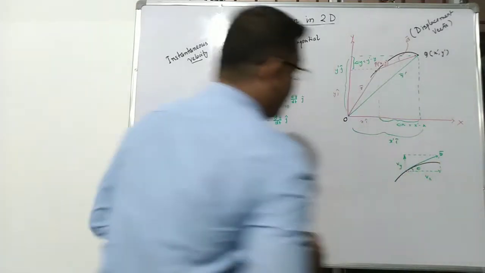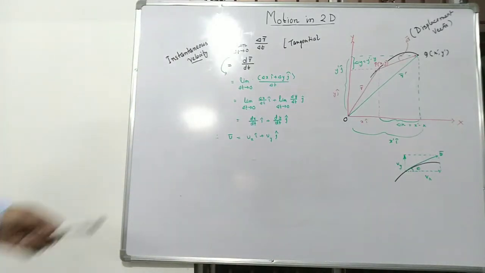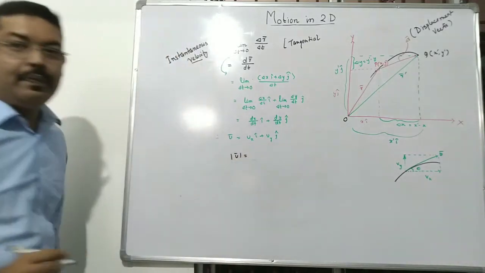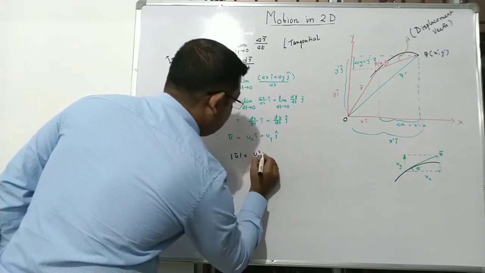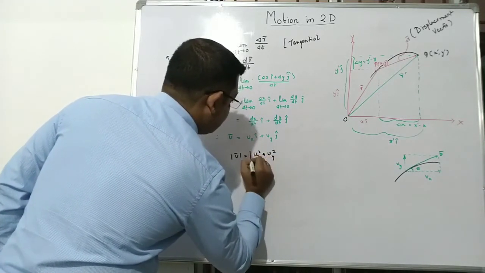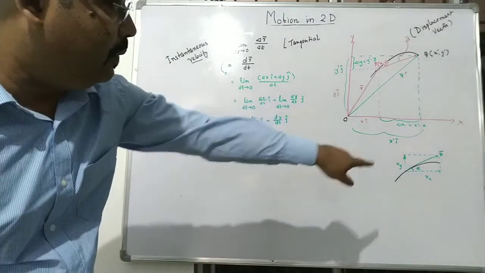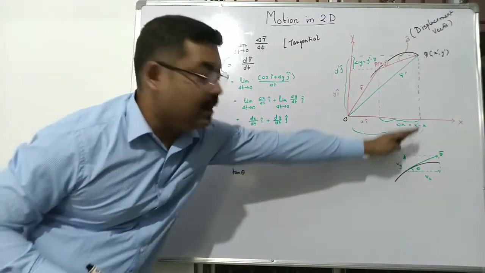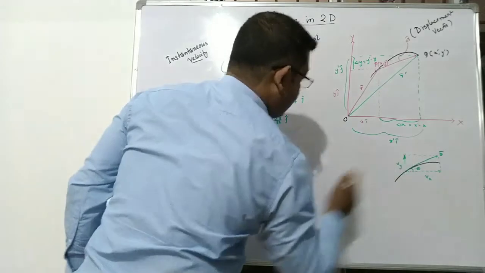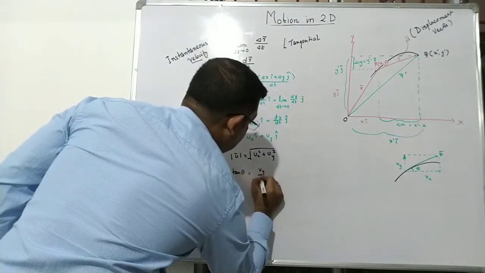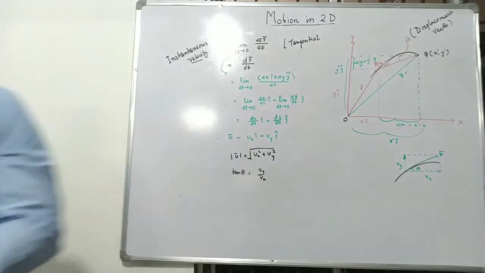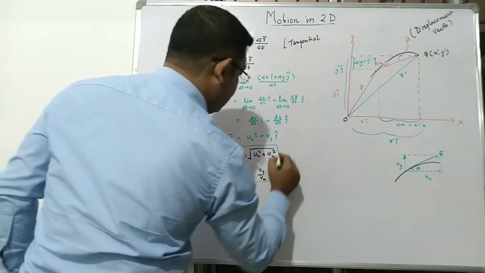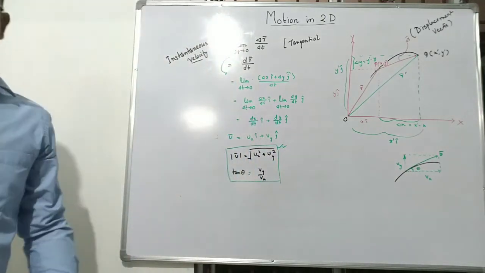From this, the modulus of instantaneous velocity is simply the square root of Vx squared plus Vy squared, and from the diagram, tan theta, that is the direction of the tangent, or the instantaneous velocity, is given by Vy by Vx. These two are again very, very important results. We need to remember this very clearly.